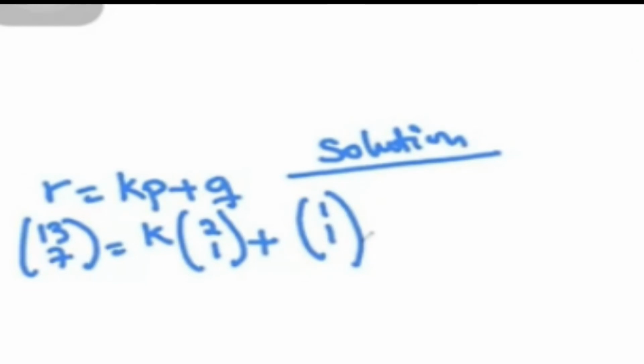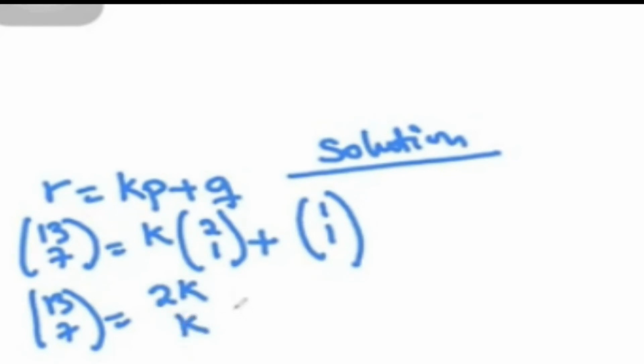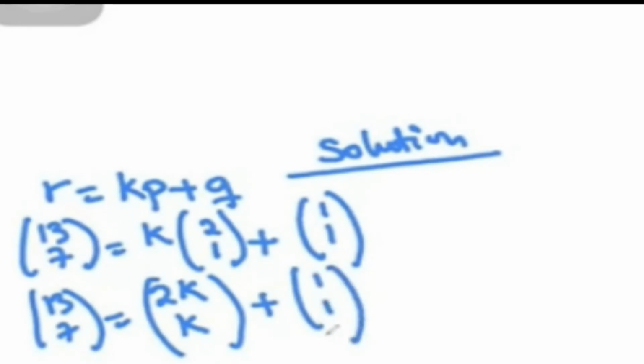Now when you get it this way, you are halfway through. What do you do again? You have to expand. This is a factor multiplying a coordinate. So you're going to get (13, 7) equal to, expanding this bracket, (2K, K) plus (1, 1). Are you okay?